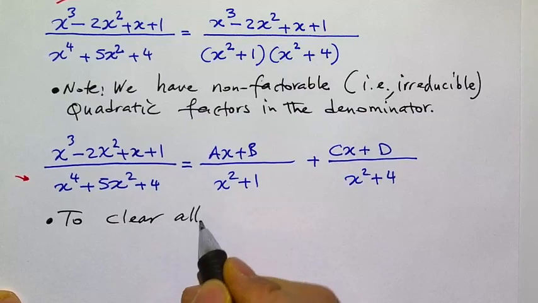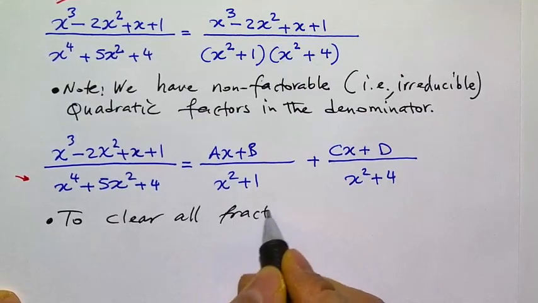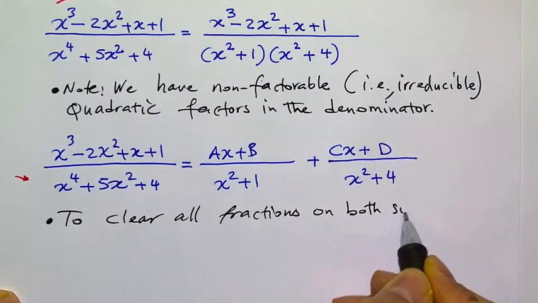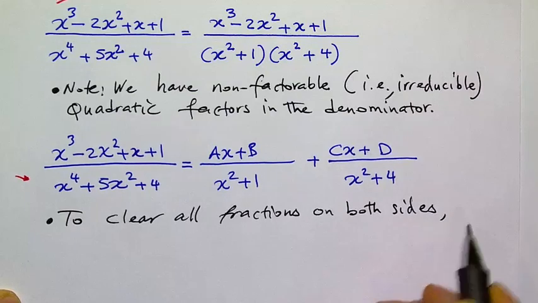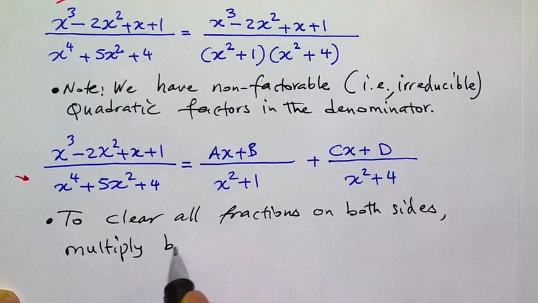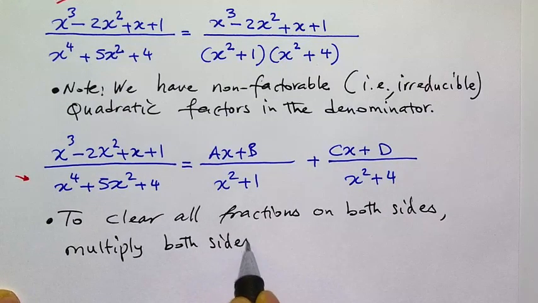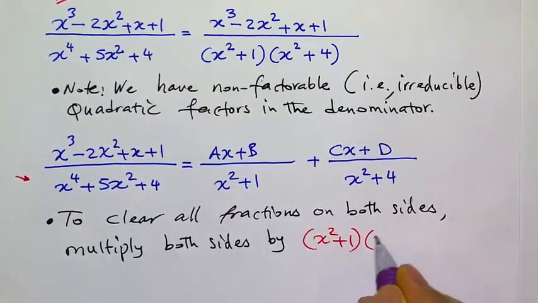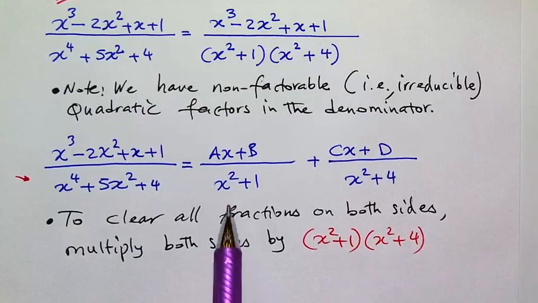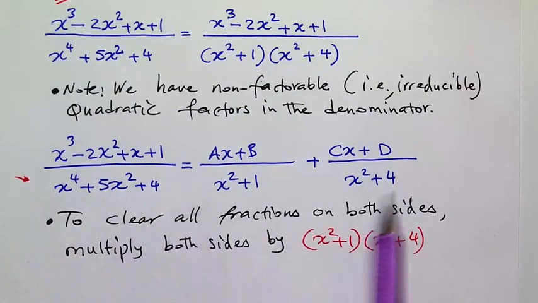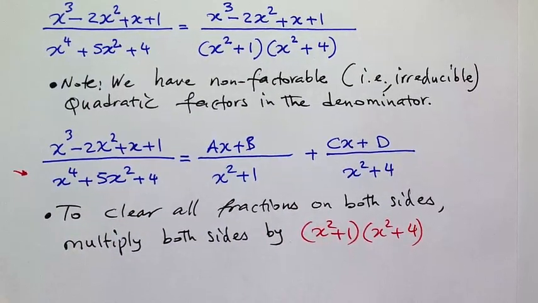So to clear all fractions on both sides, multiply both sides by x squared plus 1 times x squared plus 4, right? That factor. We know that's going to clear the fractions on this side and clear the fractions on that side.